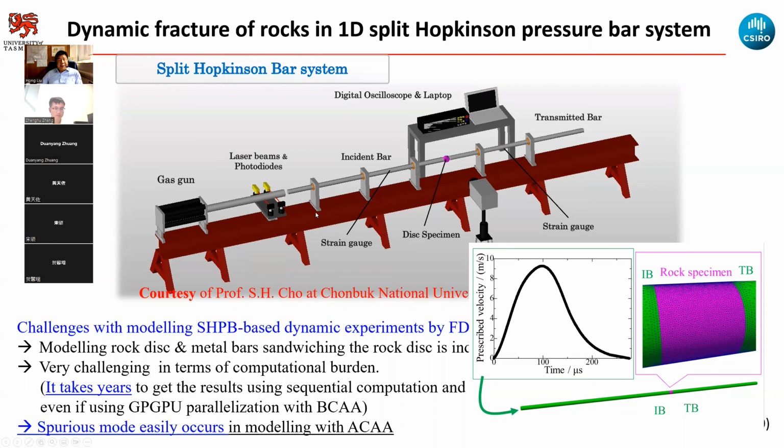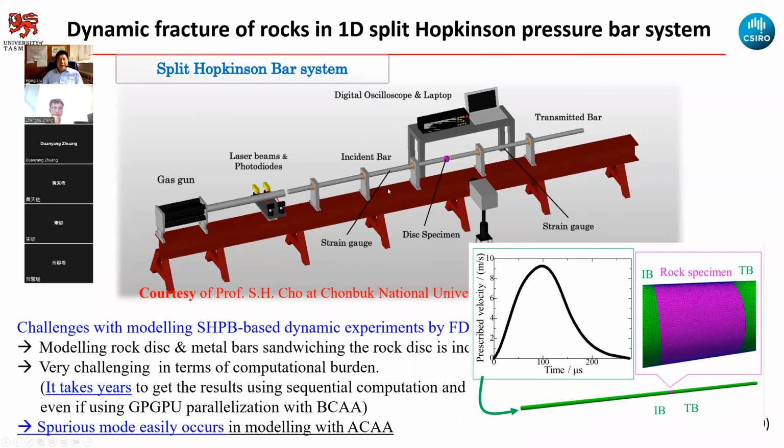For this system, we have the input bar, then the sample, then the transmission bar. For the experiment, they were using a high-speed camera here. Obviously for the numerical simulation we do not need that, since we can capture each time step.